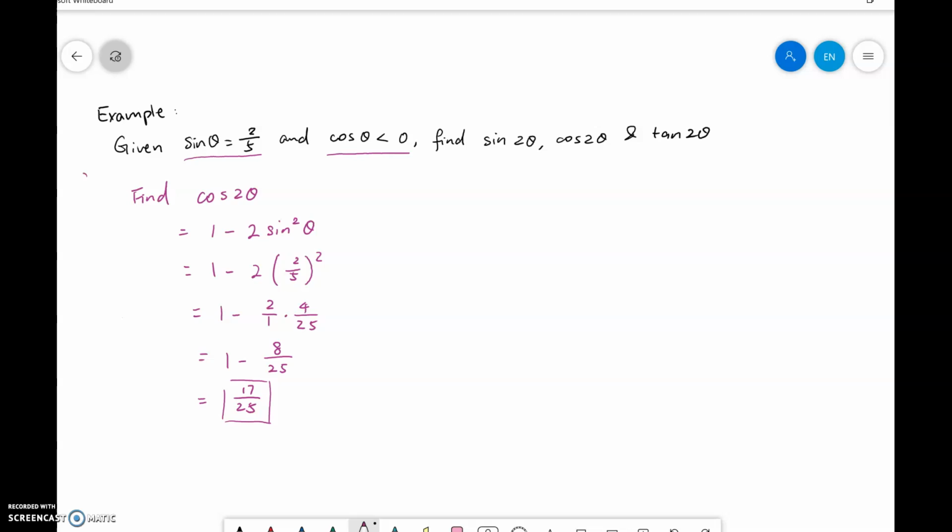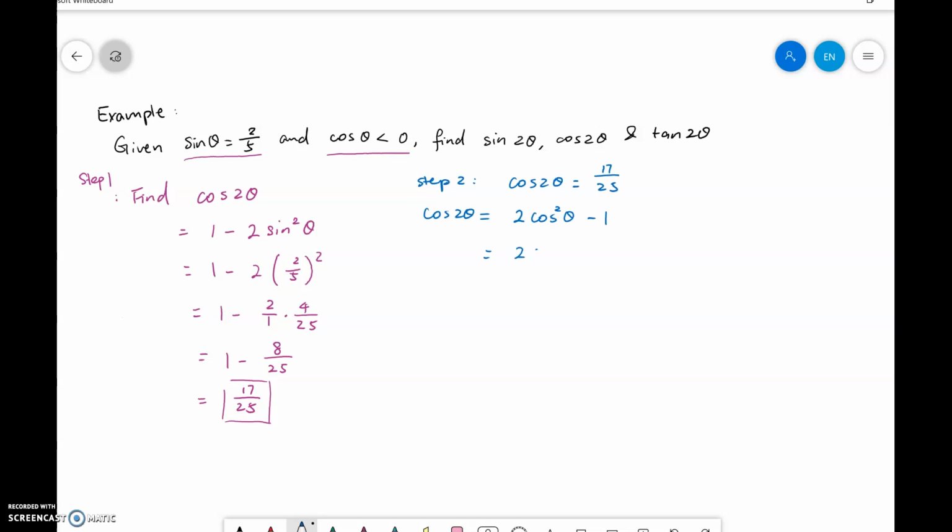Okay, so I think of this as step 1. Step 2, choosing a different color. I have cosine 2 theta equals 17 over 25 from my step 1. But cosine of 2 theta is also equal to, using a different formula, 2 copies of cosine squared theta minus 1.